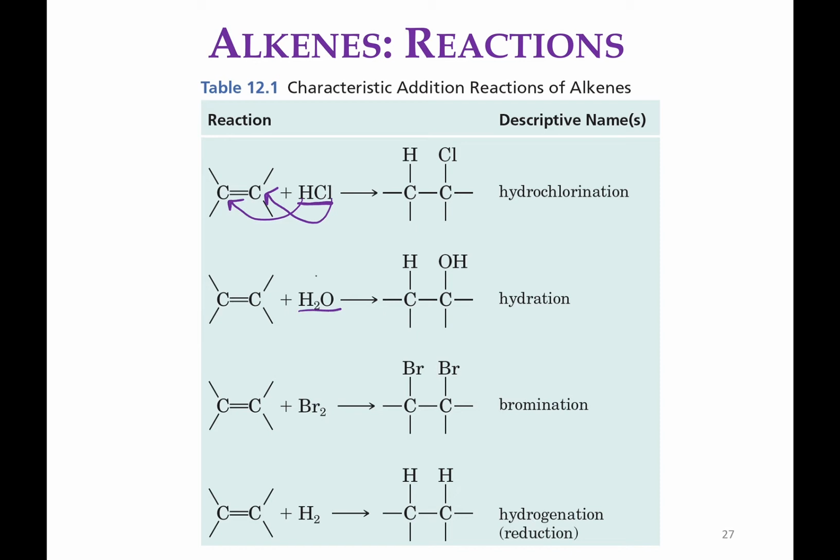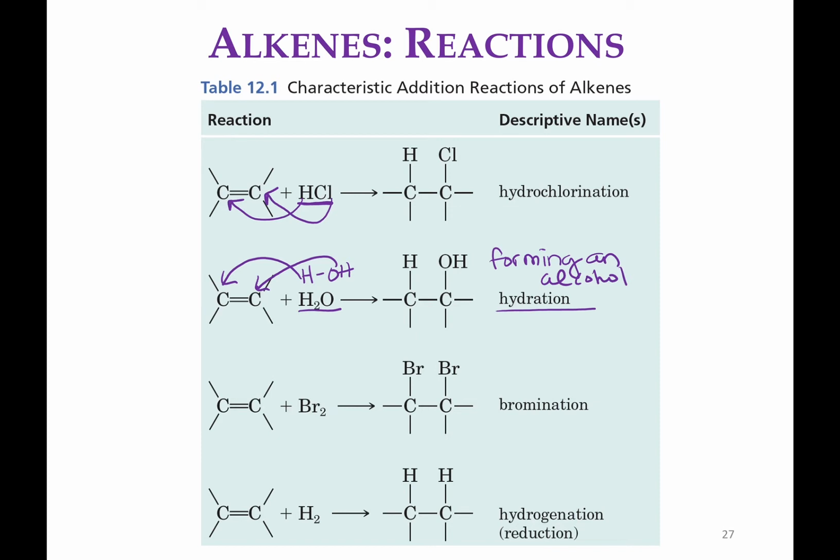With water, we can think of this as HOH. H goes to one side, OH goes to the other, and we end up with a hydration. We're forming an alcohol, removing a double bond and adding water across the double bond.